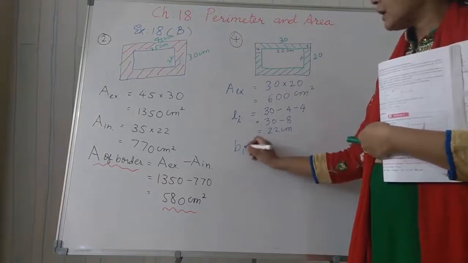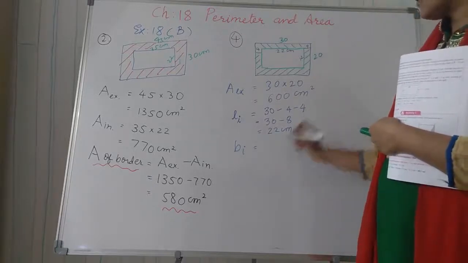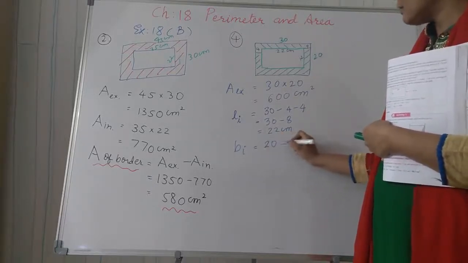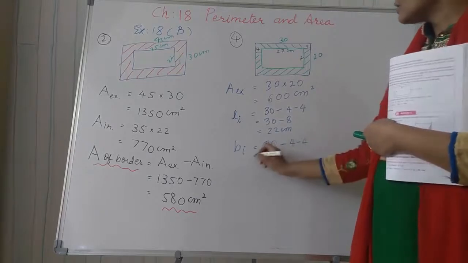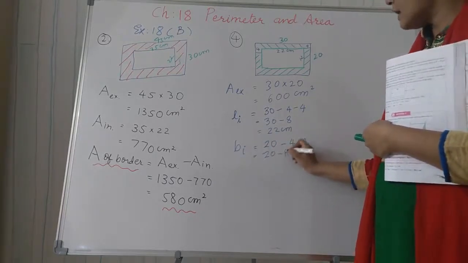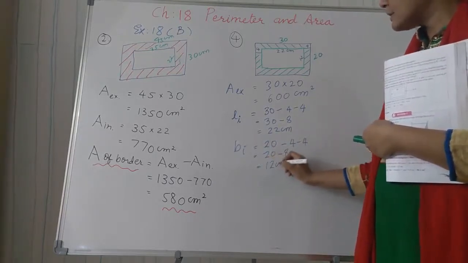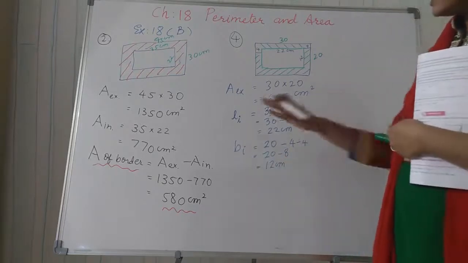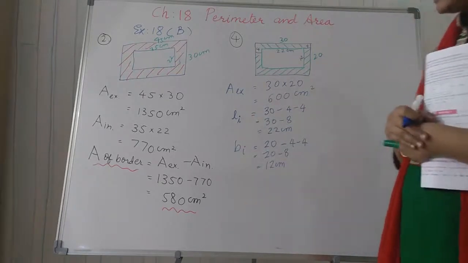Similarly breadth inner: 20 minus 4 minus 4, so it will be 20 minus 8, so it will become 12 centimeters.